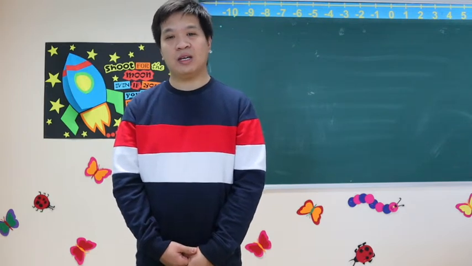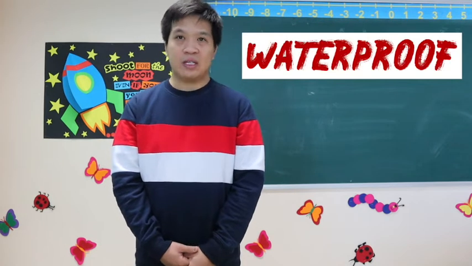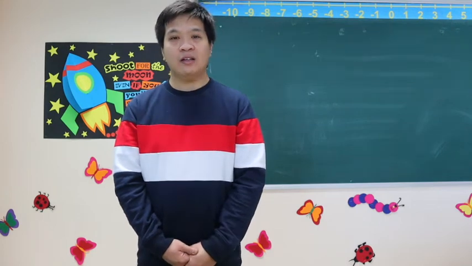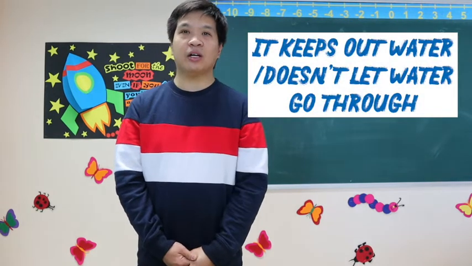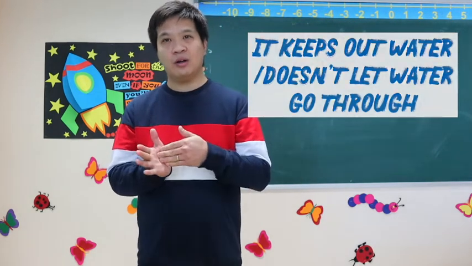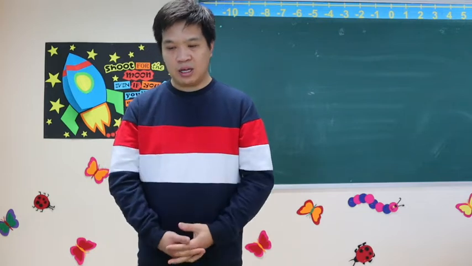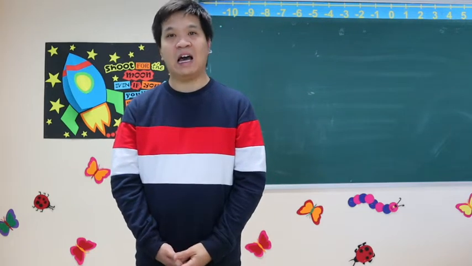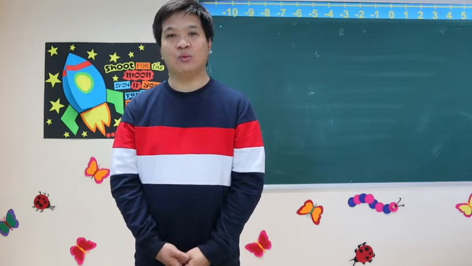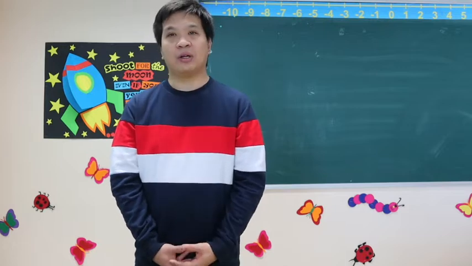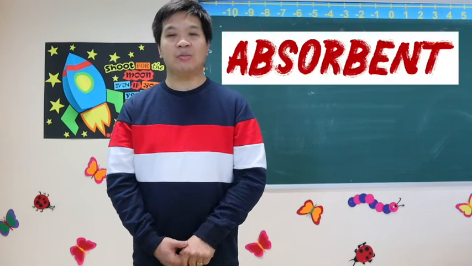So, the next property is waterproof. If something is waterproof, it keeps out water or it does not let water go through. A very good example is a glass. A glass is waterproof. Next property and the last one is absorbent.